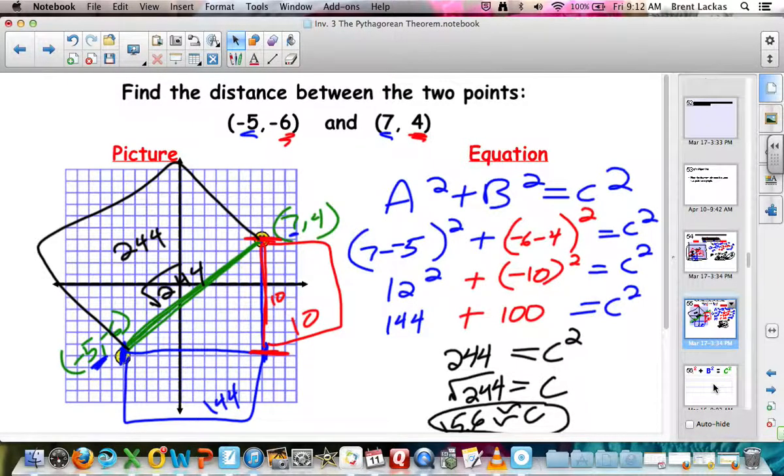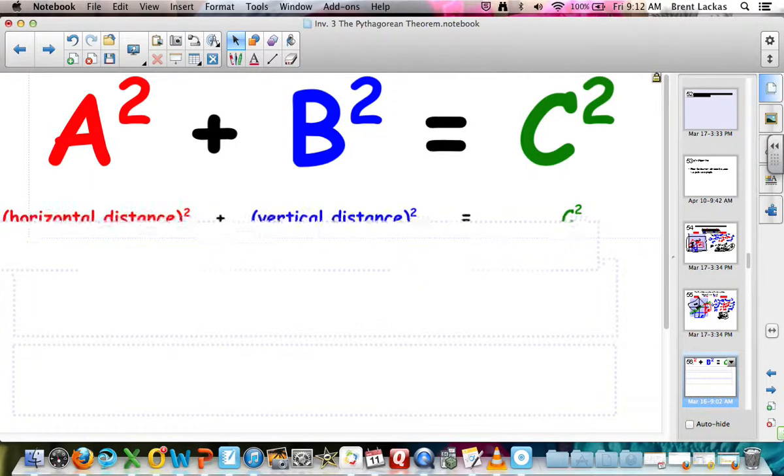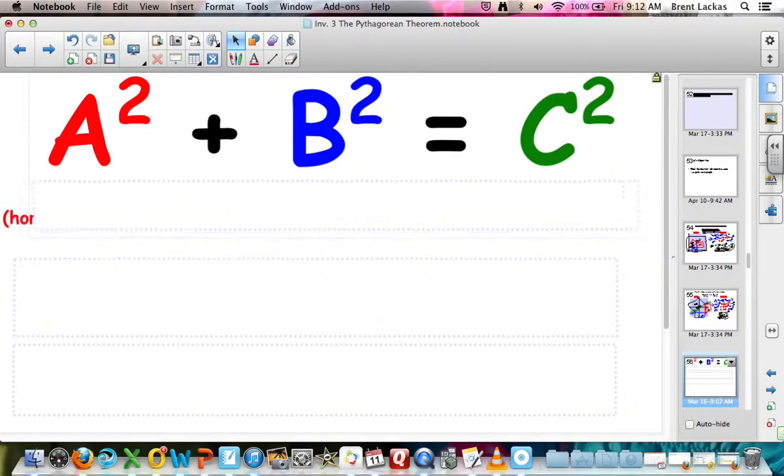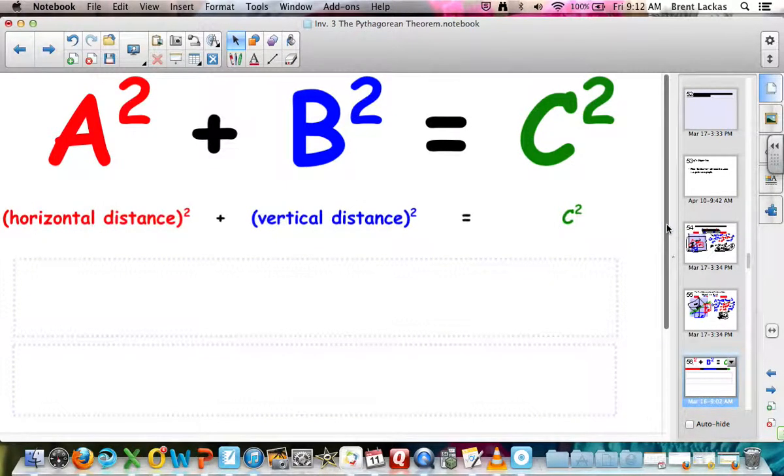In words, here's what we're really doing. We're starting with Pythagorean theorem. And I need to find the horizontal distance, the horizontal length. I draw a quick little picture. Here's my hypotenuse. I need to find this horizontal distance so that I can get the square.